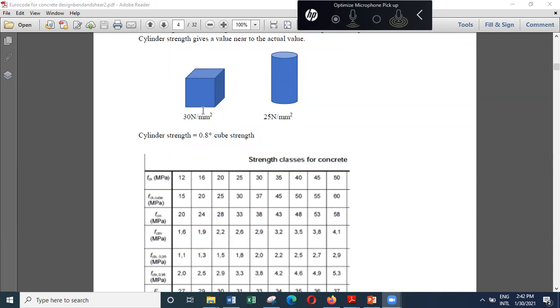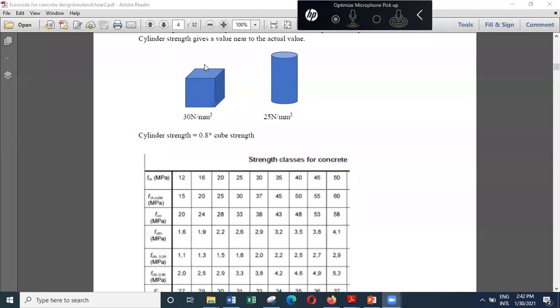And when you apply a load in the vertical direction, there will be an expansion in the lateral direction. So if the compressive stress is sigma, here you get a tensile stress of nu times sigma, where nu is the Poisson's ratio, acting in the transverse direction.